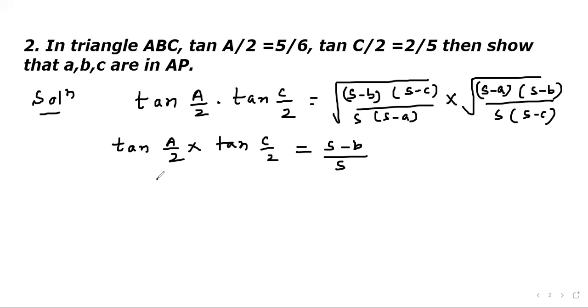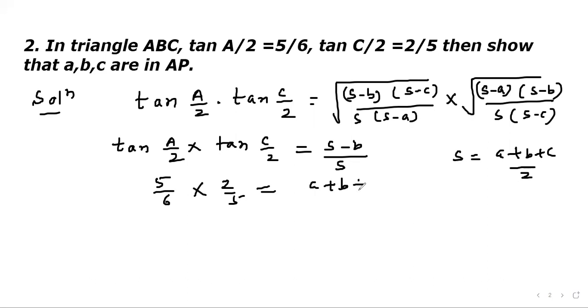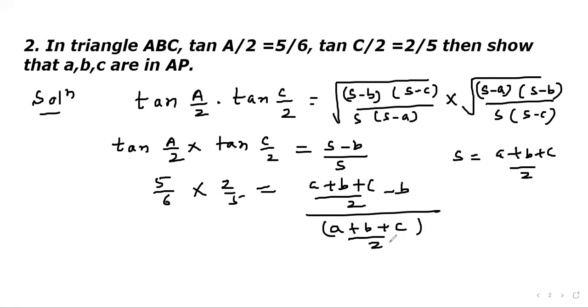But tan A/2 is 5 by 6 into tan C/2 is 2 by 5, which is equal to, s can be written as, we know s is the semi-perimeter, (a+b+c) divided by 2. So here we can write it as ((a+b+c) divided by 2 minus b) whole divided by (a+b+c) divided by 2. And this will become, 5 will cancel out, 1 by 3.